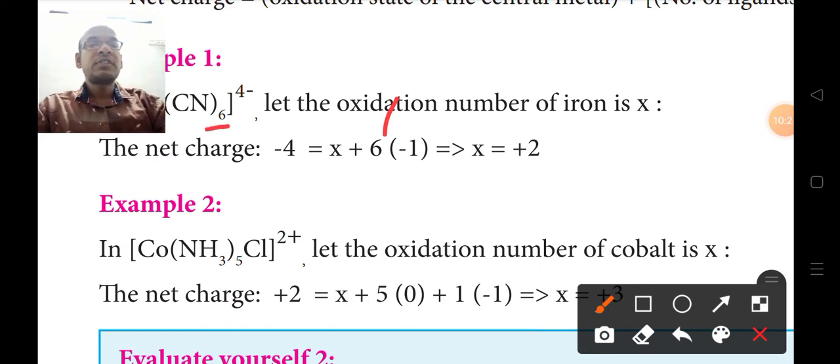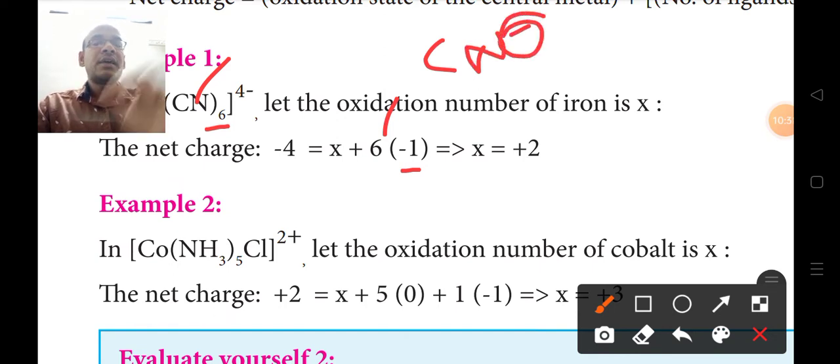Put 6 times minus 1, the one ligand charge, that is CN, cyanide has a 1 minus charge.